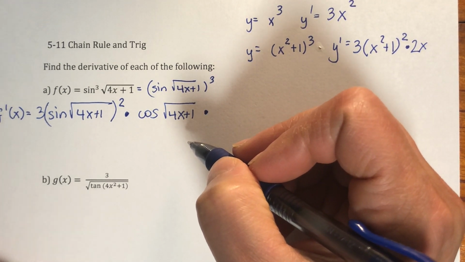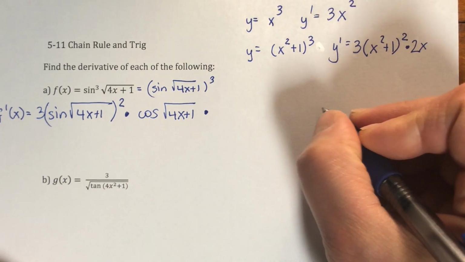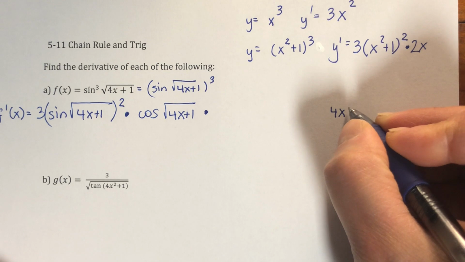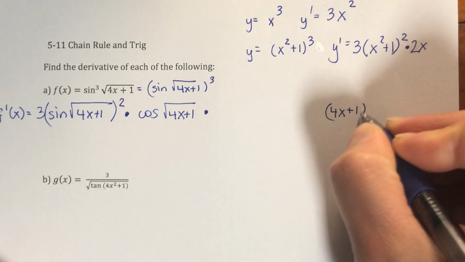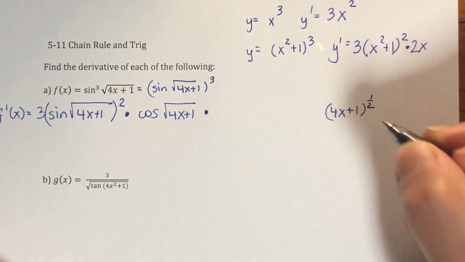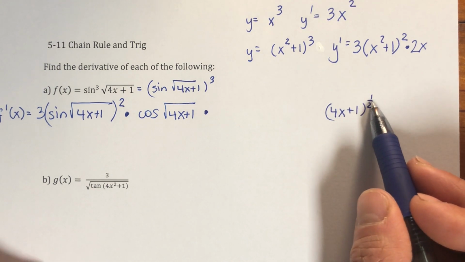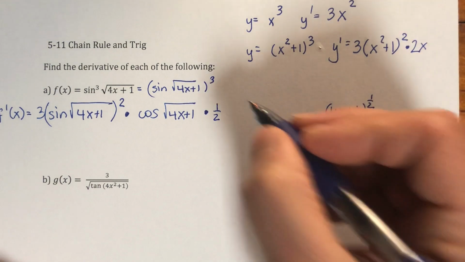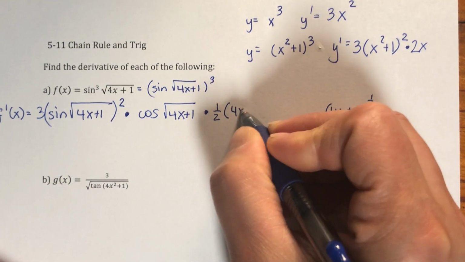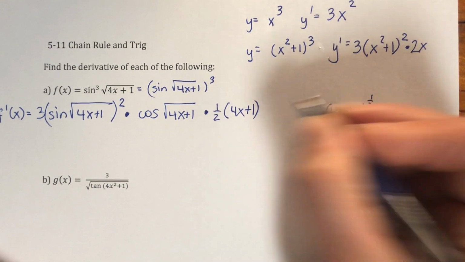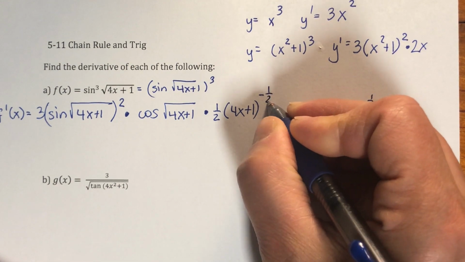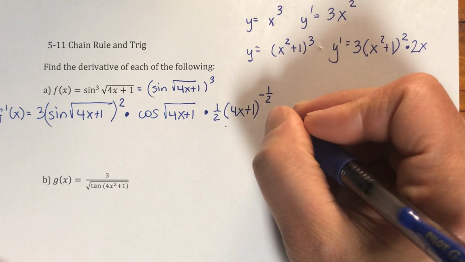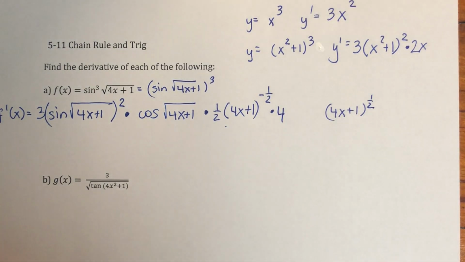And then next, we are going to multiply it by the derivative of whatever that inner function is. In our case, that inner function is, I'm going to write this kind of on the side here. So I have 4x plus 1 to the power of 1 over 2. So the inner function, so if I want to solve this, that is going to give me 1/2 times 4x plus 1 to the power of negative 1 over 2, but then I still have to multiply it by the derivative of inside, which in this case is 4.